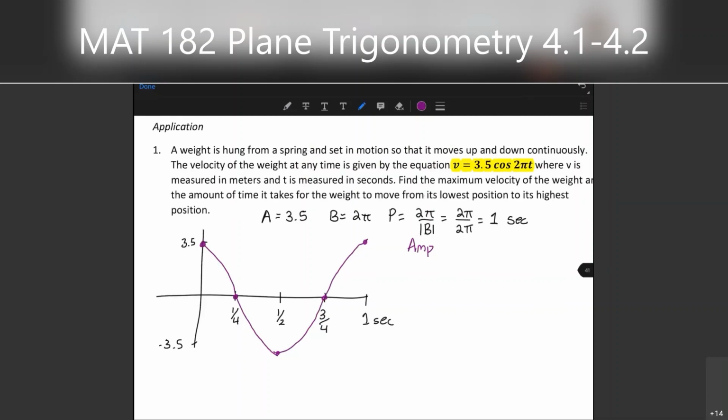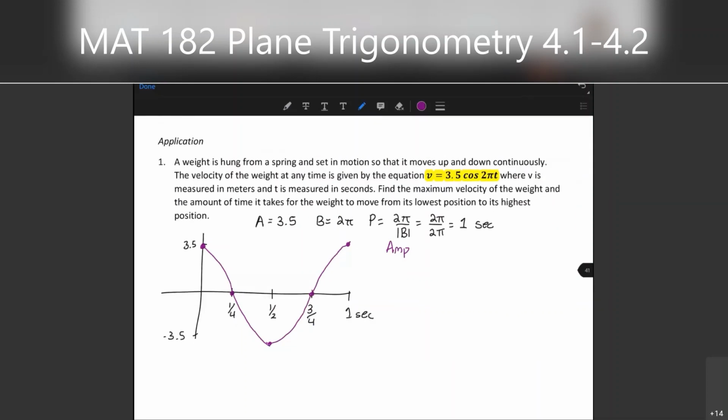This gives us an opportunity now to answer these questions once we have a little sketch given. So the first question that we want to consider is, what is the maximum velocity? So with our graph, what would be our maximum velocity here? Again, this is measuring velocity.